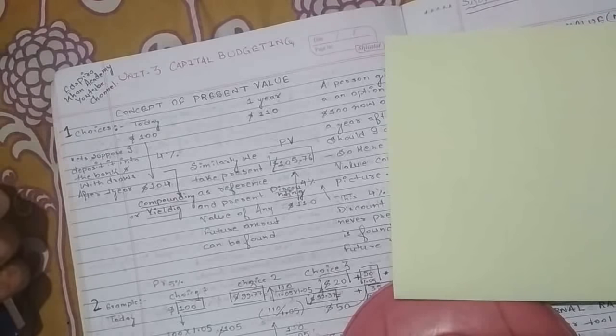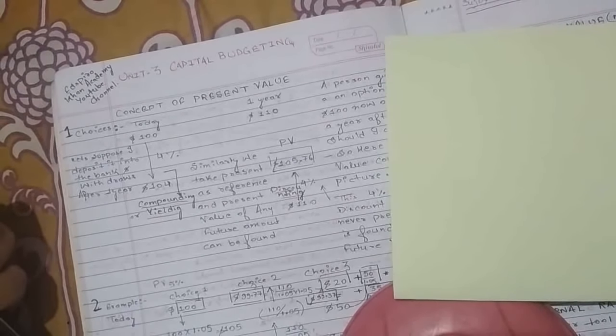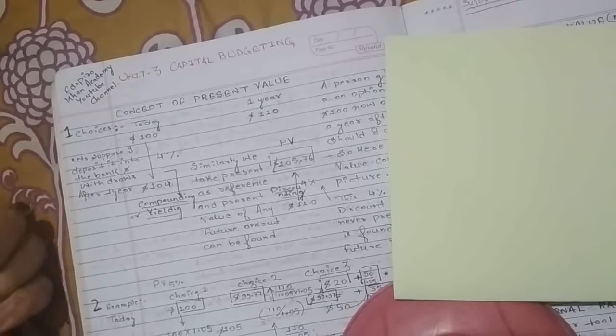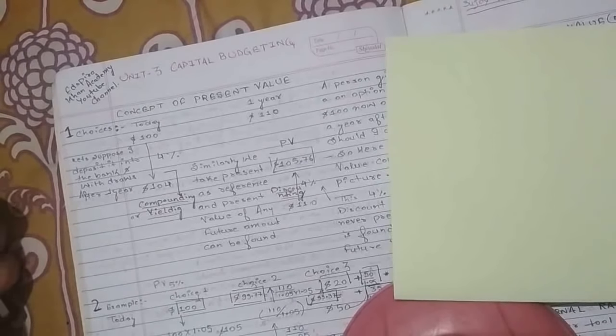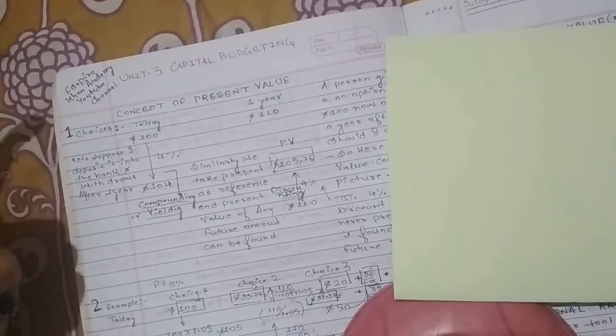And budgeting is nothing but the revenue and expenditure of the particular company. So if some company is investing in something, it is done through capital budgeting. In capital budgeting, they see the future of the investment they make, whether they will be in profit or not in future. So this capital budgeting is applied by the company.